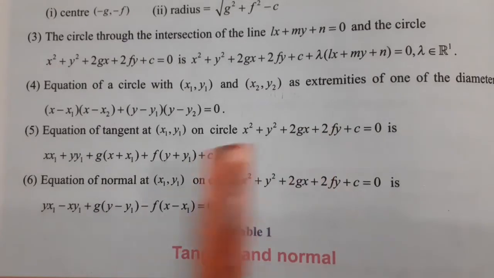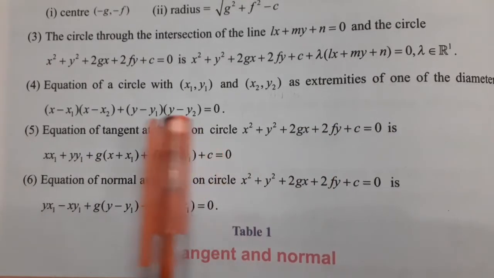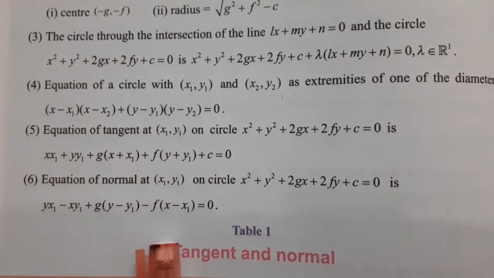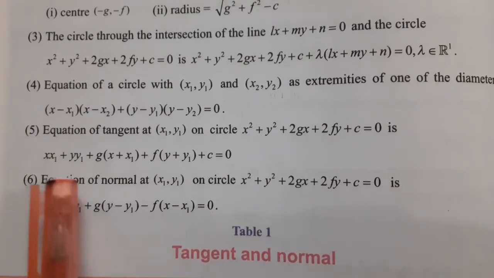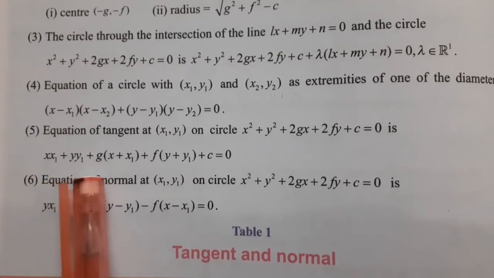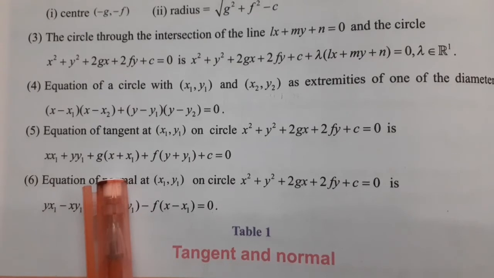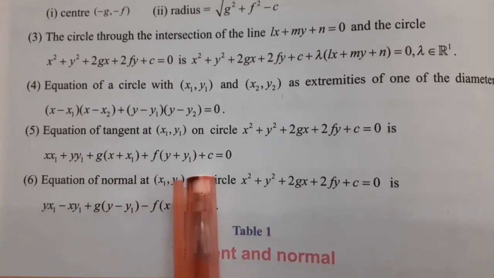If you remember the formula for the equation of the tangent, using it you can easily find the equation of the normal. Equation of tangent is xx1 plus yy1 plus g into (x plus x1) plus f into (y plus y1) plus c equal to 0.